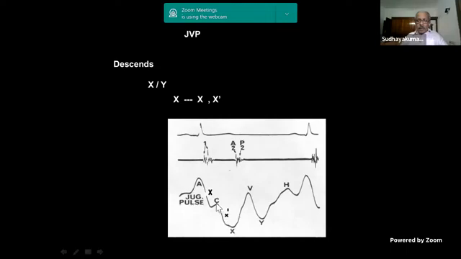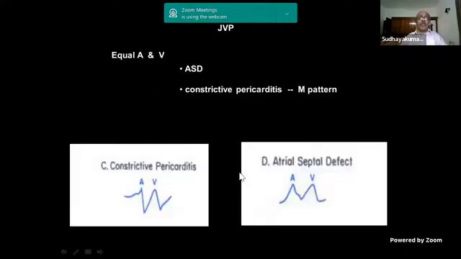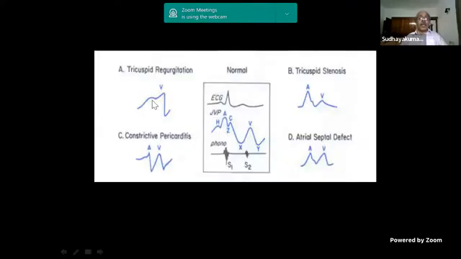The X descent gets partially obliterated, and in severe TR it gets completely obliterated, so that it is the C with the V wave, which we call the CV wave. So this is the A wave, then the CV wave. You will not get the real X descent. I have discussed constrictive pericarditis, ASD, tricuspid stenosis.